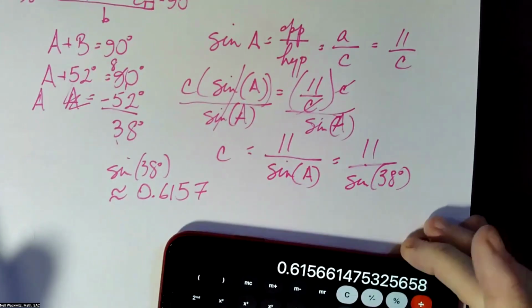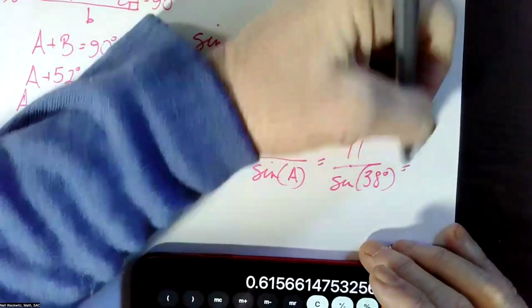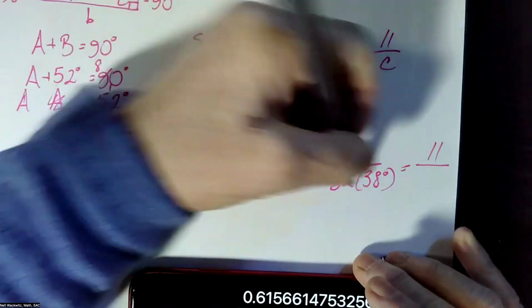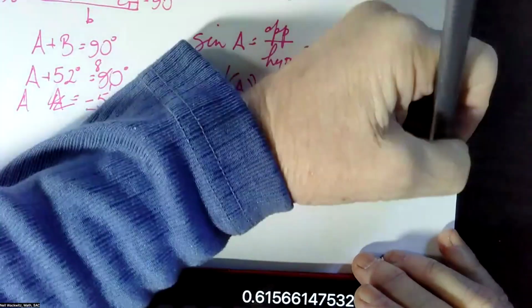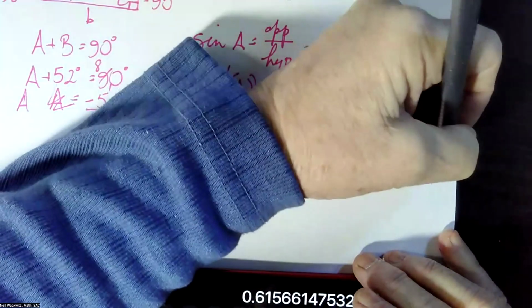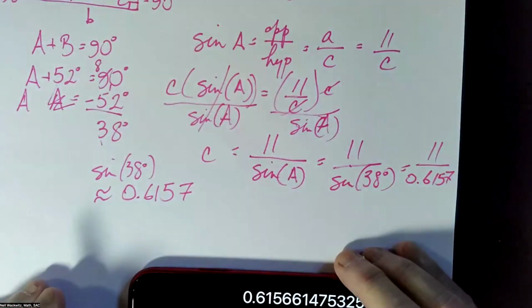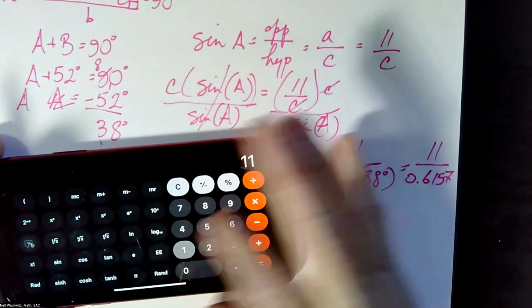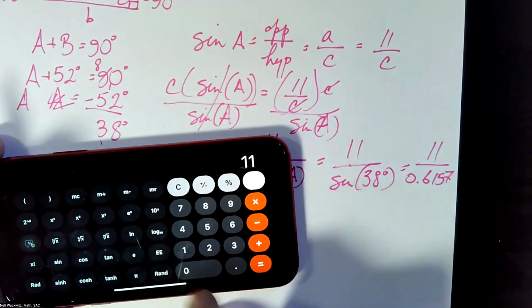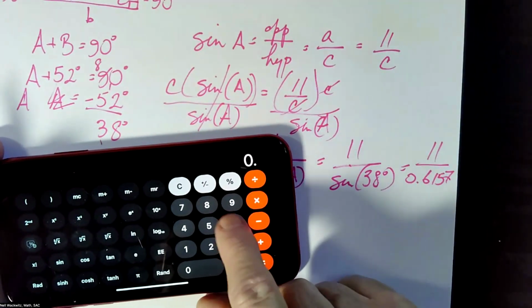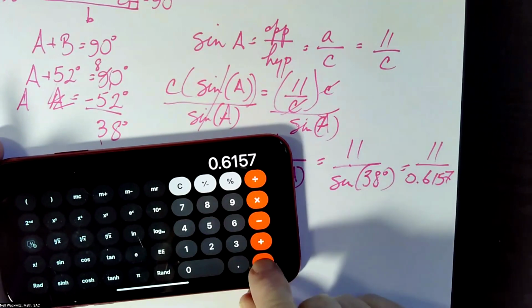So let's see, that's weird. So 11 divided by 0.6157. So 11 divided by 0.6157.